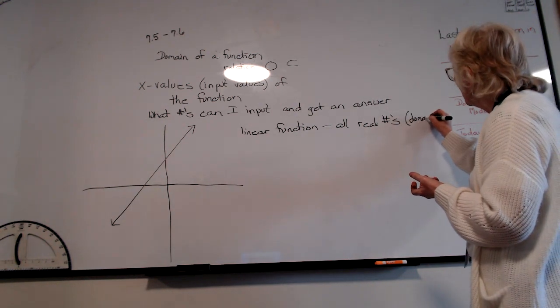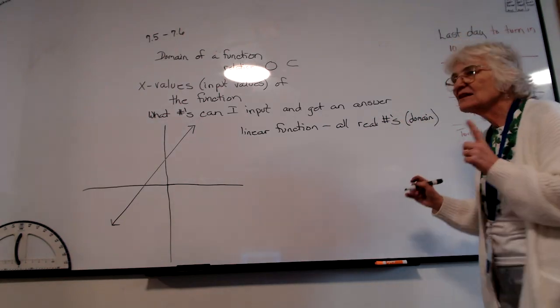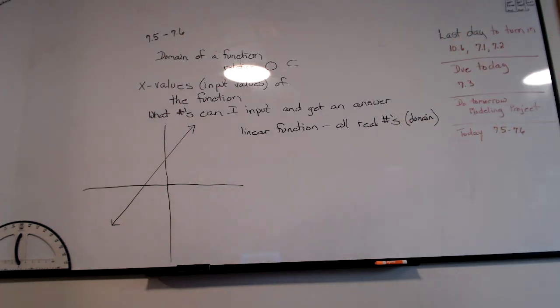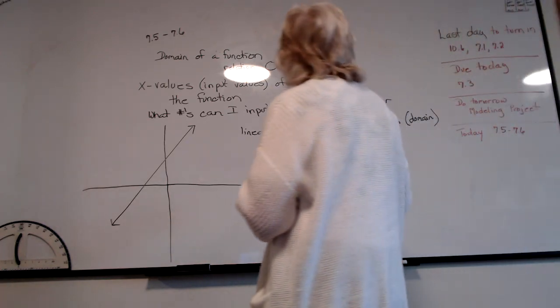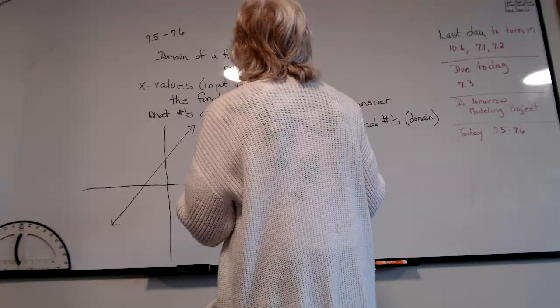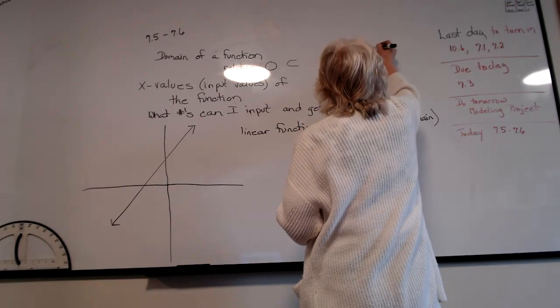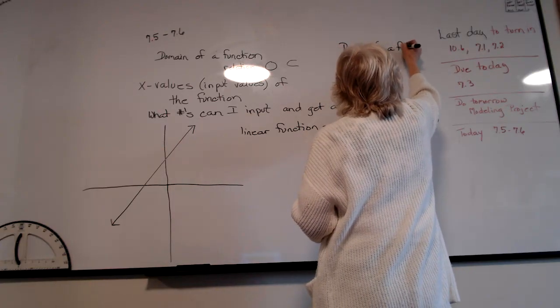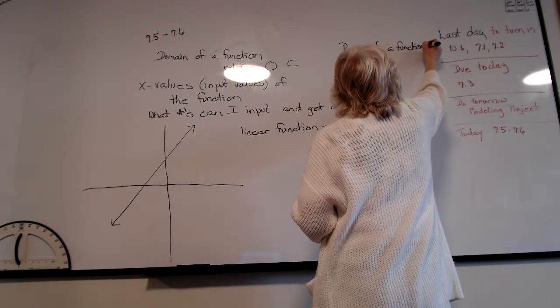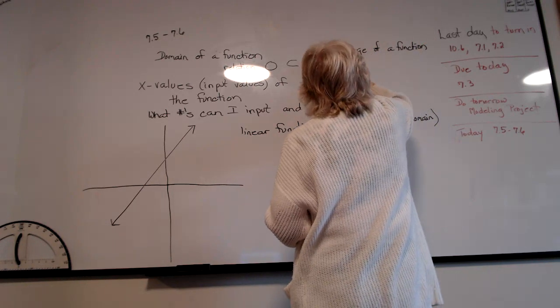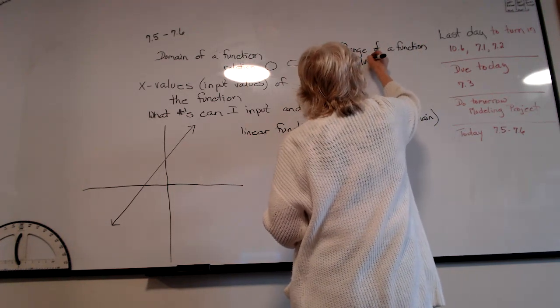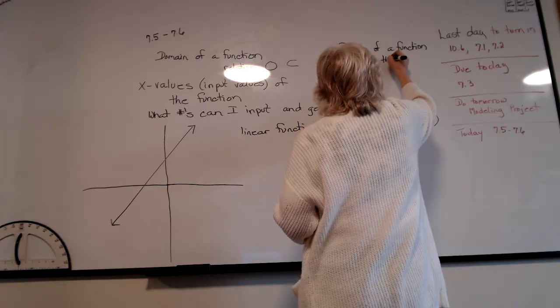Now when I do that, this is a little harder. What kind of answers do I get out? The way I look at this, that's the domain, and here's the range of the function: the y values that I get out.